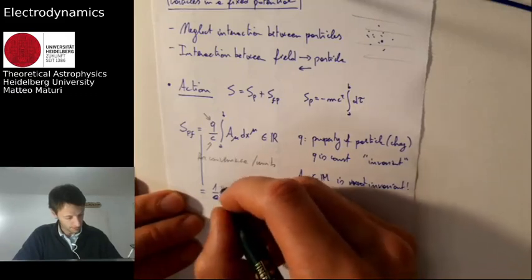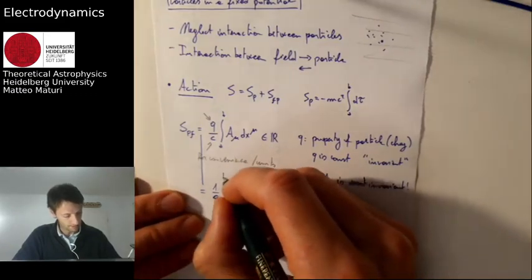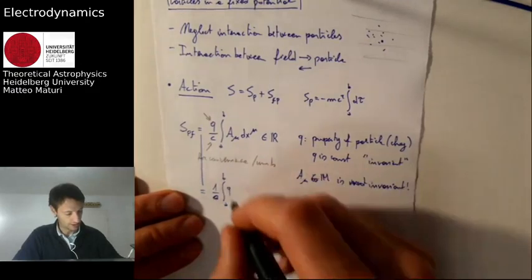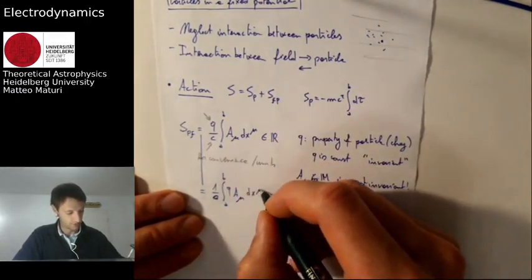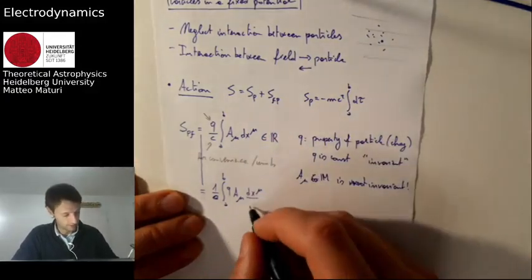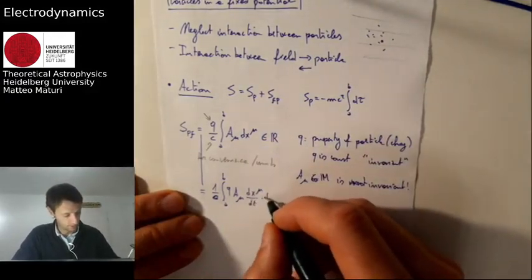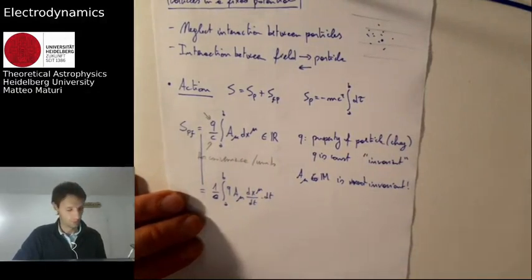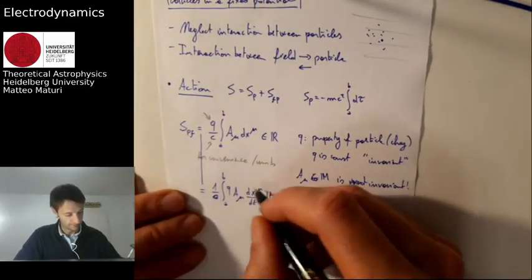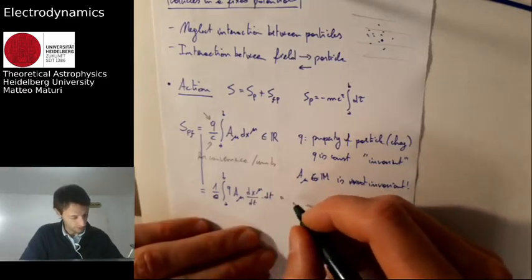This is C. Integral between A and B, I bring Q inside, A mu remains, the dx mu remains, and then I divide by dt, and I multiply times the dt. Okay, good. So what is this here?